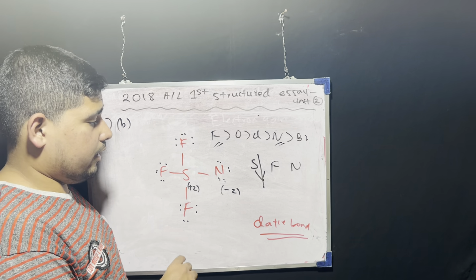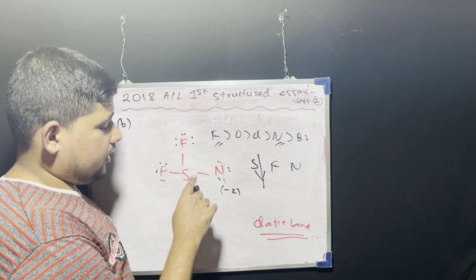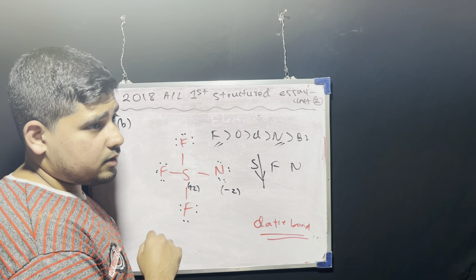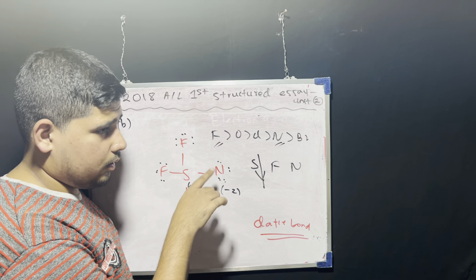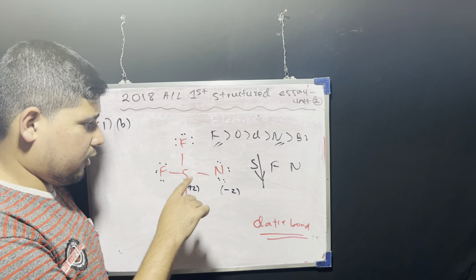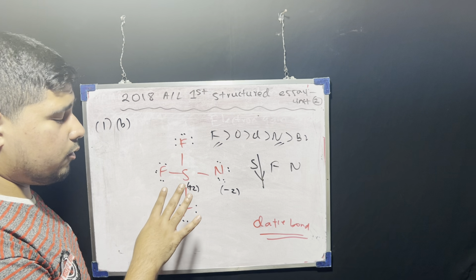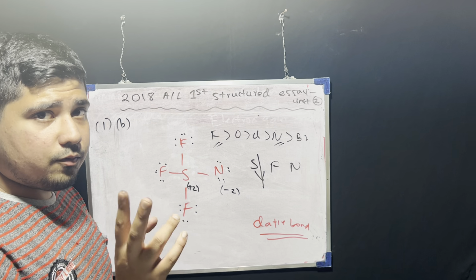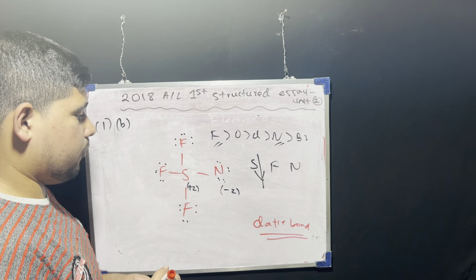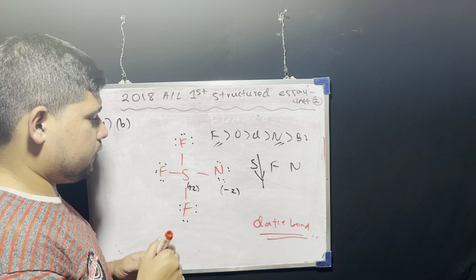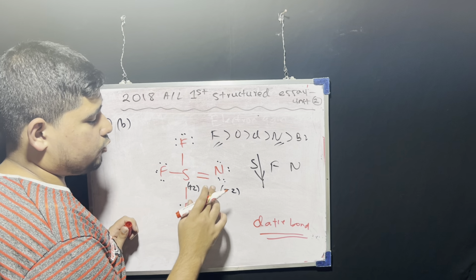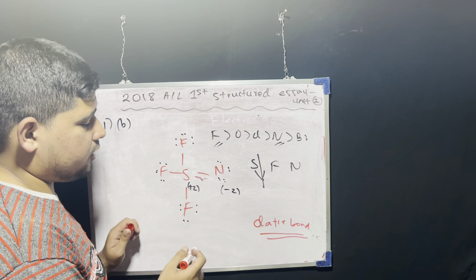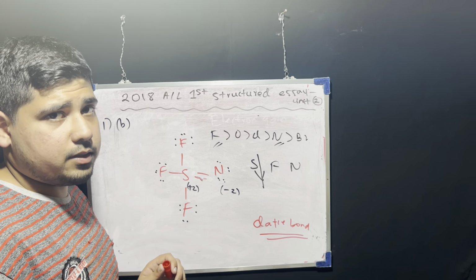So here you see, there are two opposite charges and it has only 4 bond pairs, so it can form 2 further bonds. Additionally, it can form 2 bonds here, and also it removes the charge separation: the +2 and -2 charge separation is there.